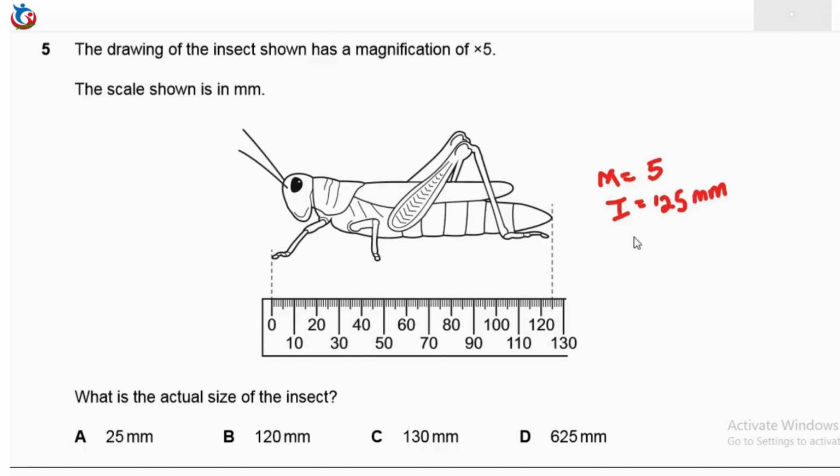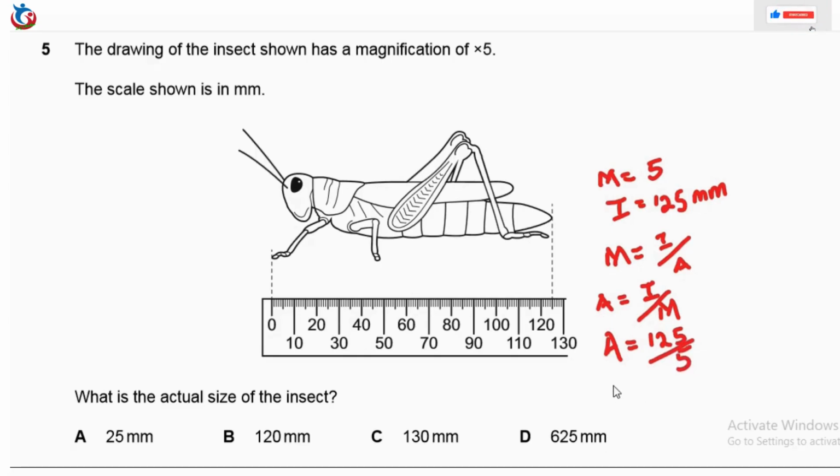Okay, so magnification is equal to image size over the actual size. And if you want to get your actual size, simply say that actual size is equal to image size over magnification. So with this, you can say actual size is equal to image size, which is 125 divided by 5.